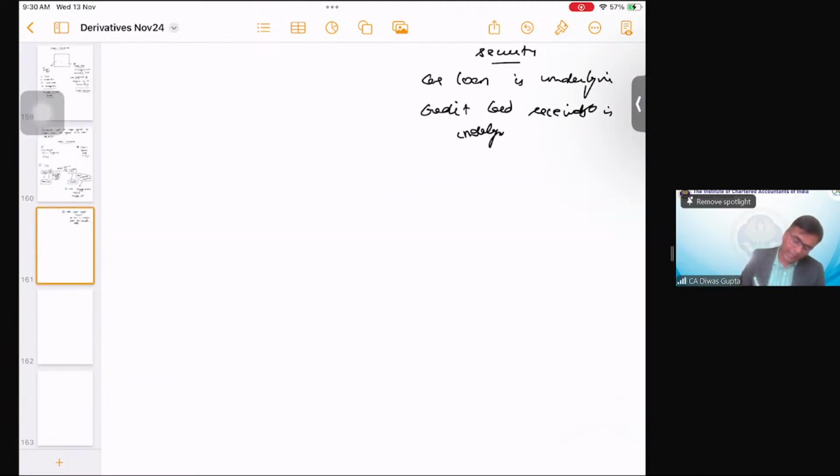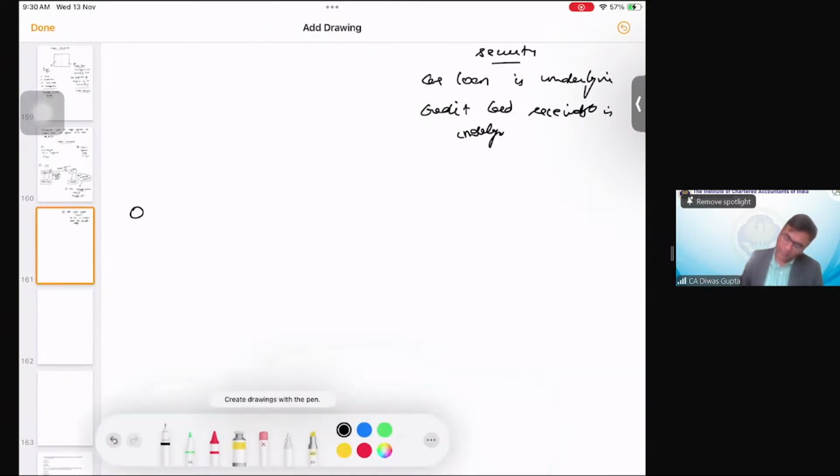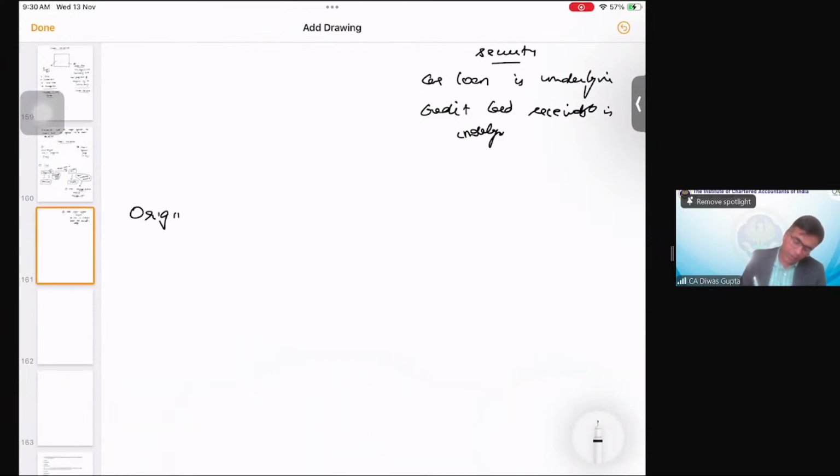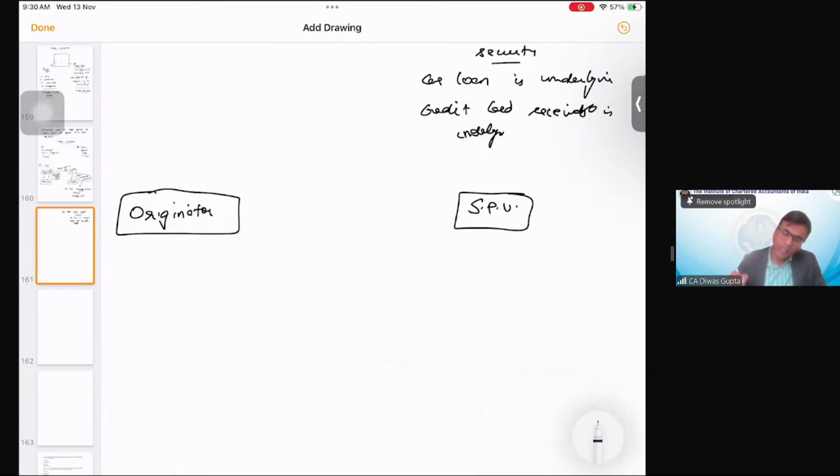So let's take the case of mortgage backed securities. There is an originator, which is a bank. There is an SPV to whom these loans are assigned. And let's say there are these borrowers. I am assuming, let's say, 1,000 borrowers at 1 crore each.